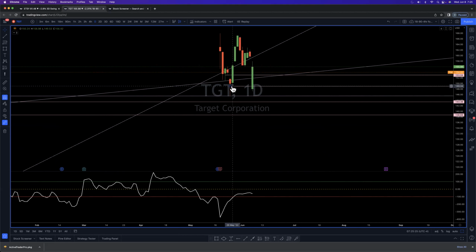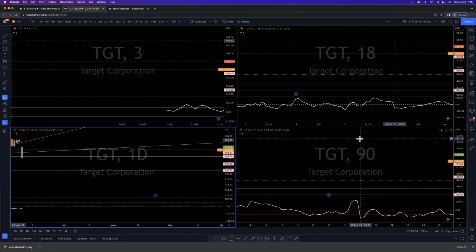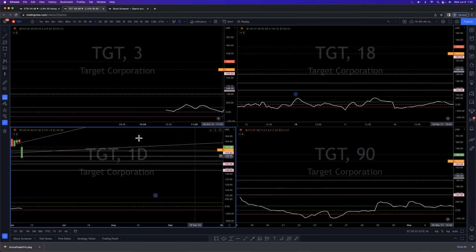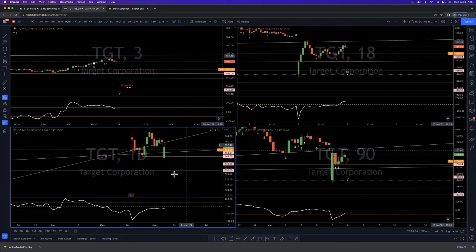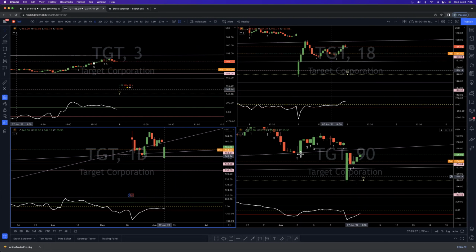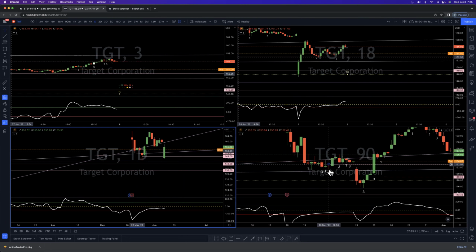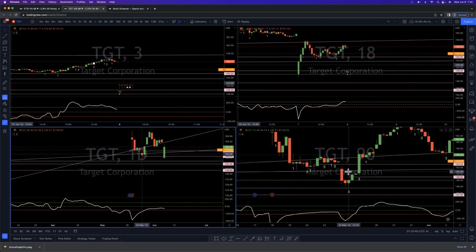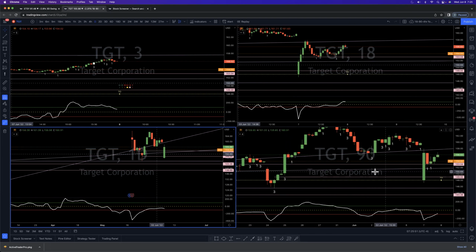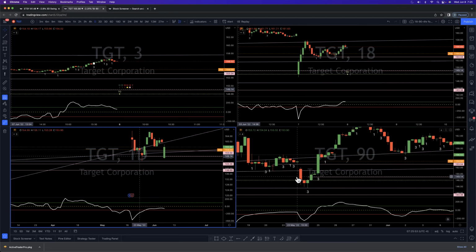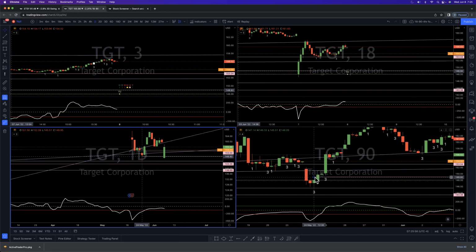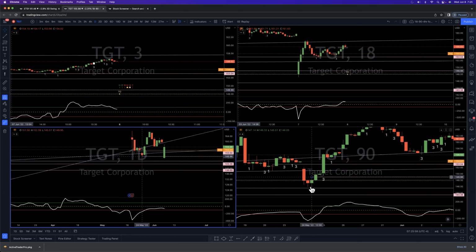This guy was 149, and it's off because I remember now what I did. When we met, I said price needed to trade above this outside bar.